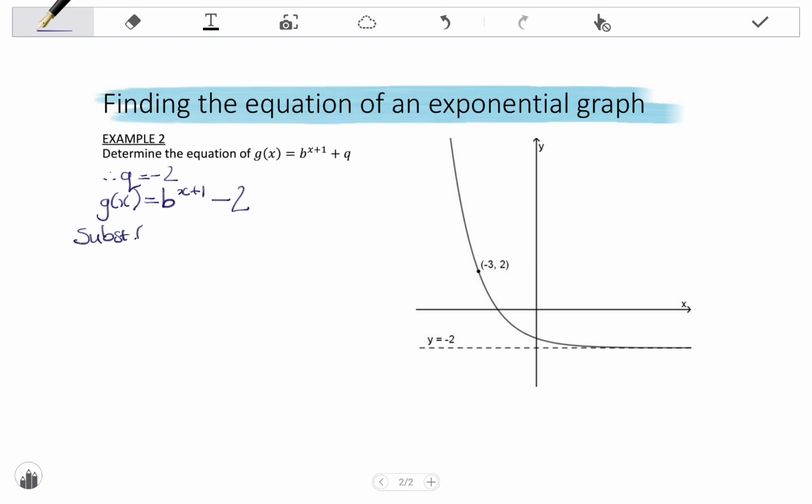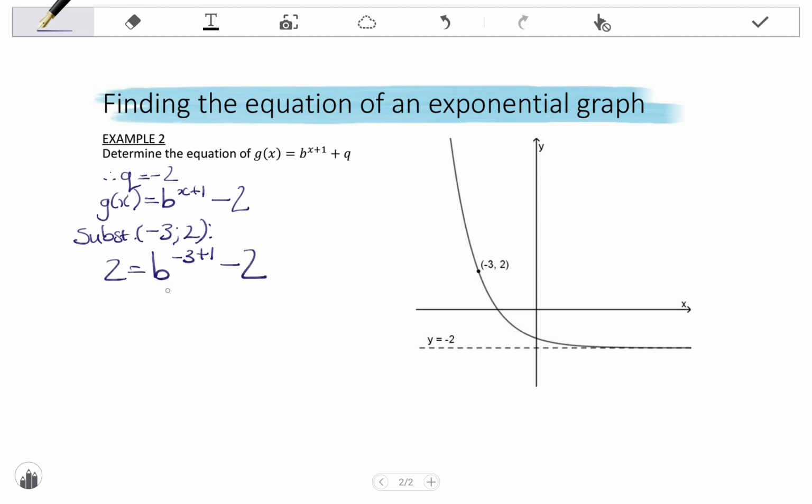So one set of coordinates, and it will be -3, 2, which is the point that we were given on the graph. So y is 2 equals b to the -3 plus 1, so x is -3. I'm adding 1 to that, minus 2.